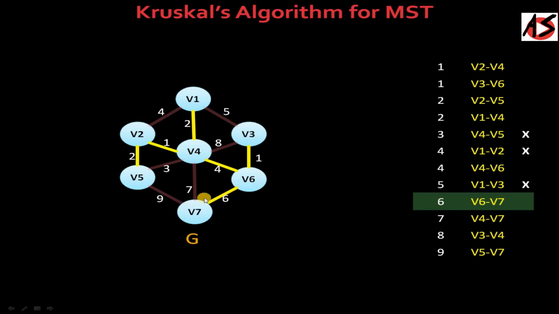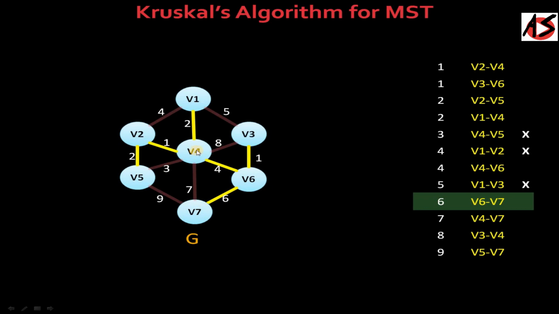Now you can see you have selected 6 edges and our number of vertices is 7. So 6 edges are quite enough to connect the 7 vertices. According to the rules of minimum spanning trees, you have selected 6 edges and you have connected all the vertices.